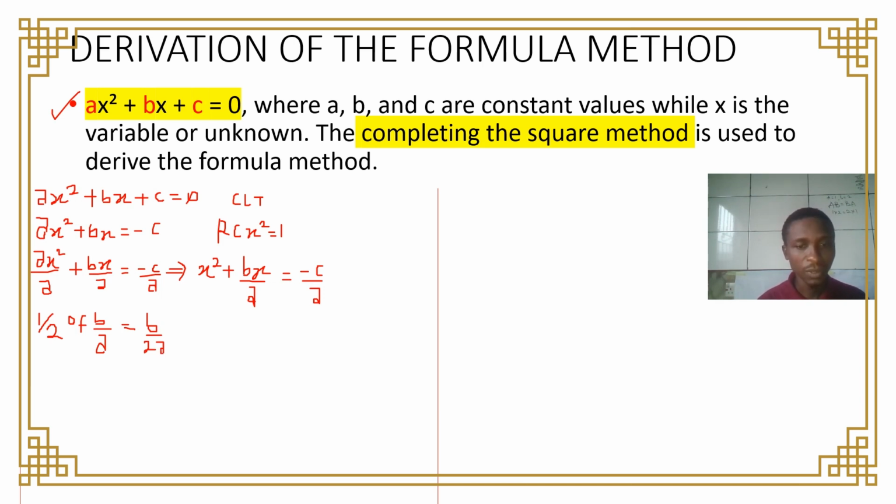So that implies that we continue from this equation. Then that should now give us x squared plus bx over a.